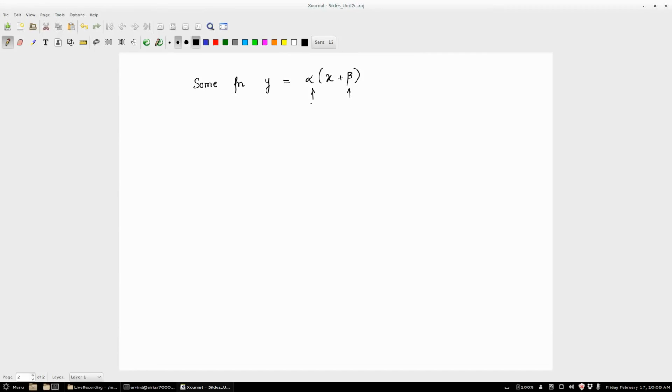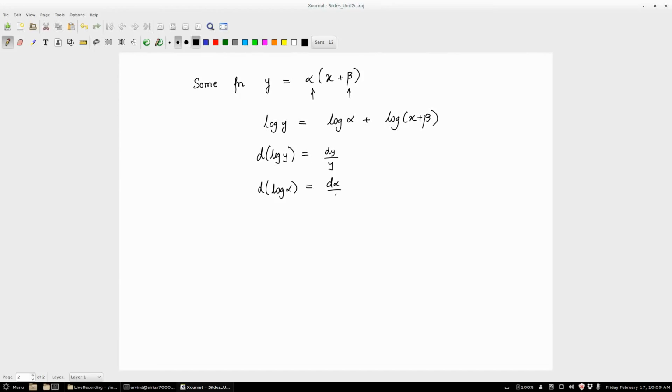So if I have some function y equal to some alpha times x plus beta, which is what we have, I want to find out the sensitivity of y to parameters x and alpha and beta. So how would you do this? I will say log y is equal to log alpha plus log of x plus beta. So I take a derivative of everything. What will I have?